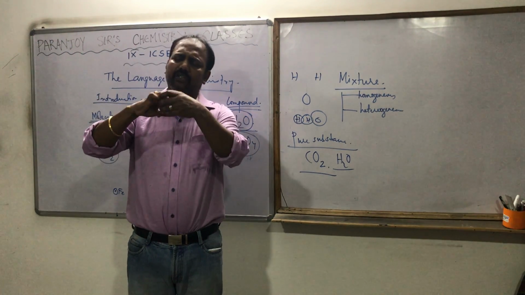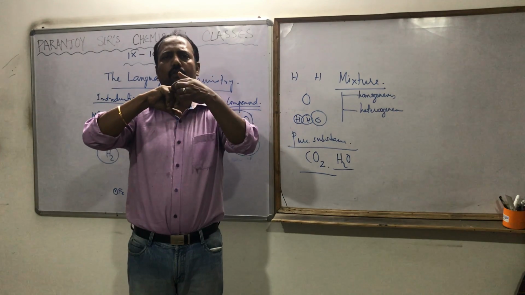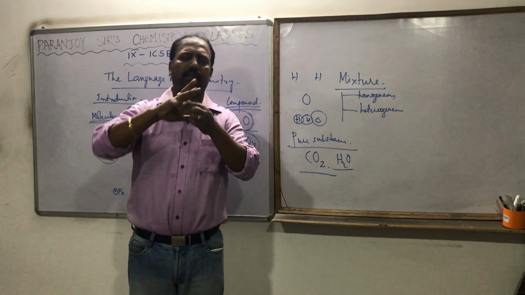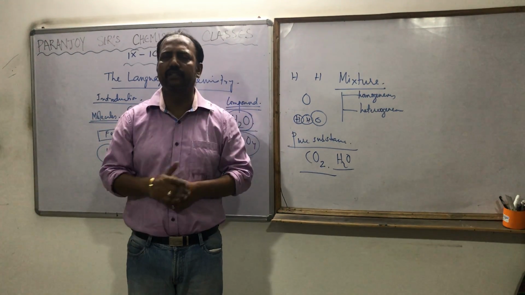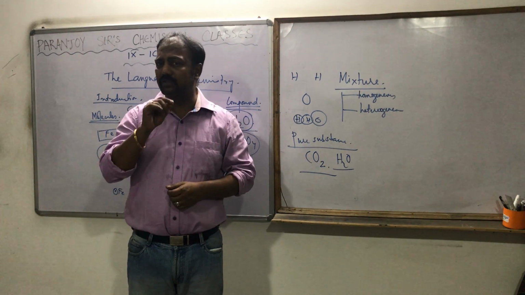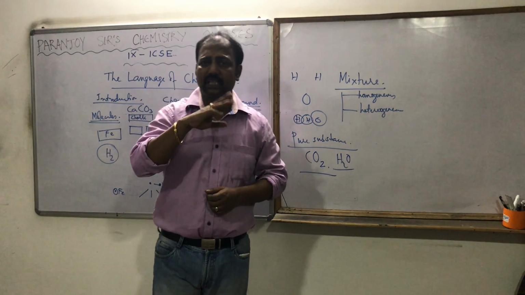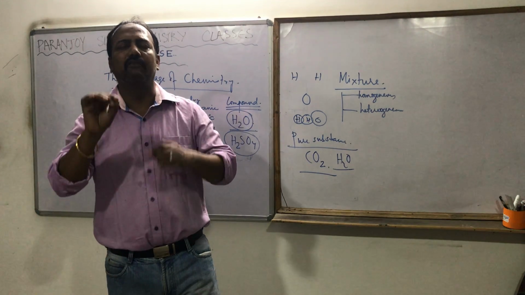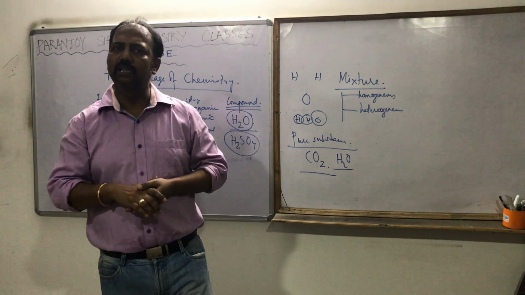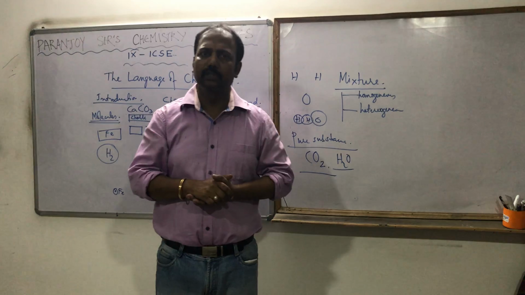But can you distinguish that this is copper, this is gold, this is tin? We can't distinguish it. That means they are mixed very uniformly.